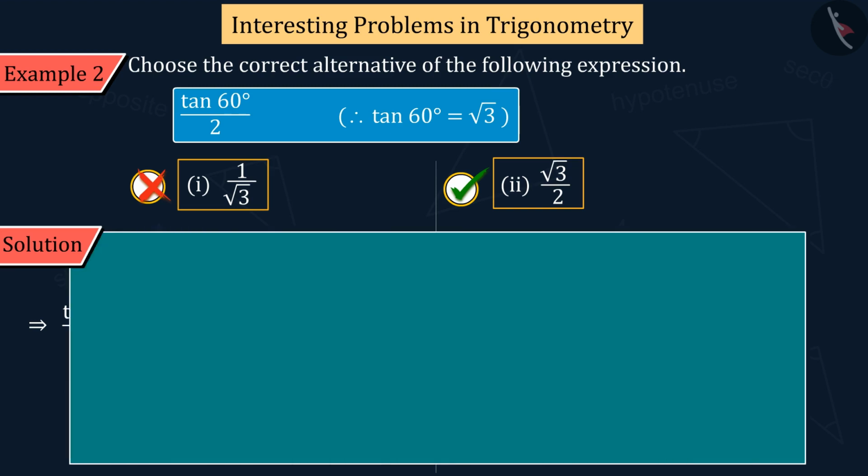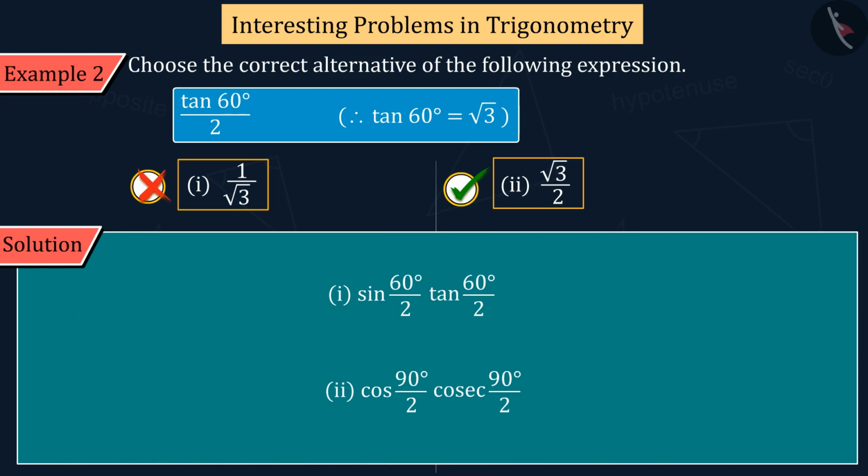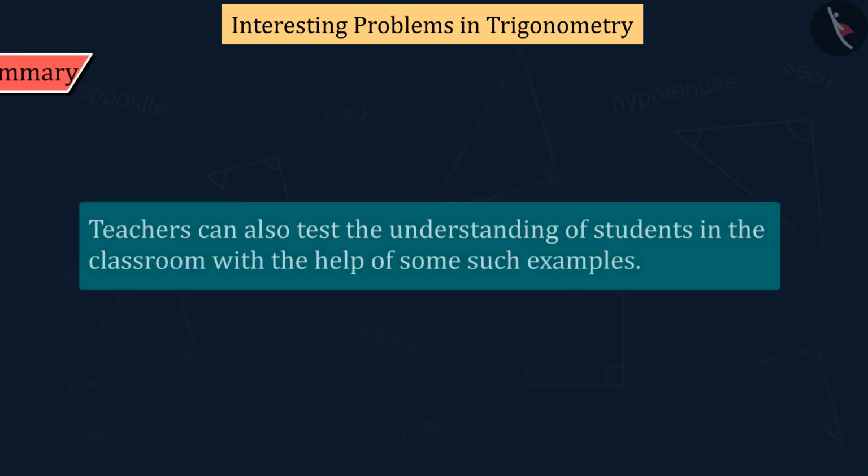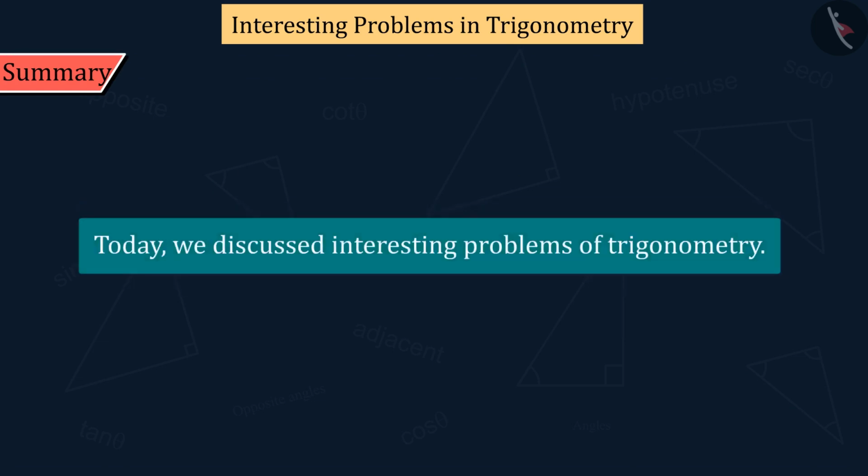Keep in mind that angles of trigonometric ratios can be divided only when the condition is like this. Teachers can also test the understanding of students in the classroom with the help of some such examples. Today, we discussed interesting problems of trigonometry.